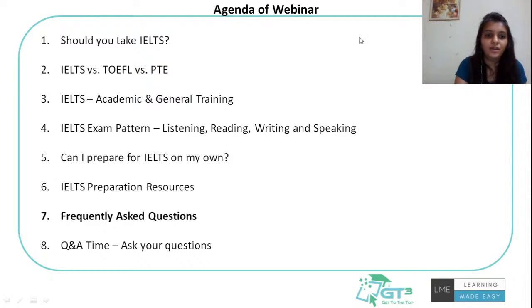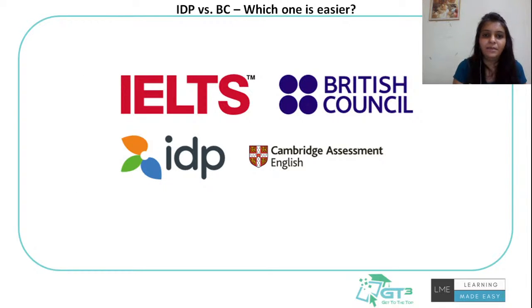Now moving further, some people have general questions. Some feel that IDP is better, and some tell me that British Council is better. Let me make this idea clear: there is no difference between the test taken by the IDP or the British Council.